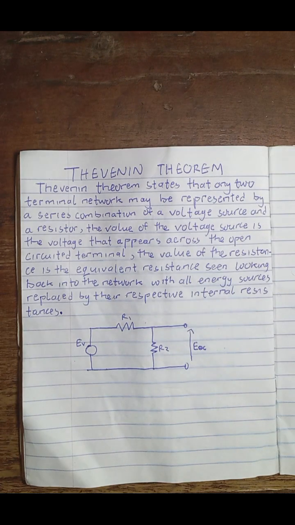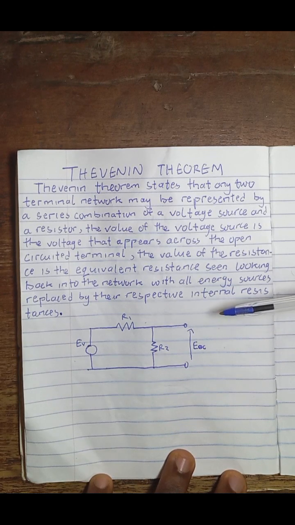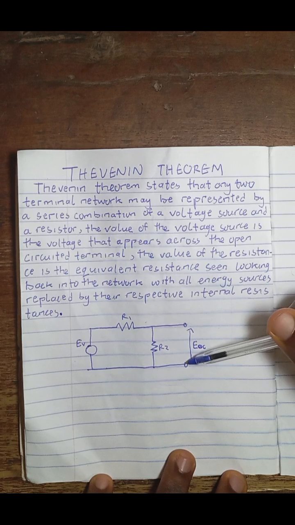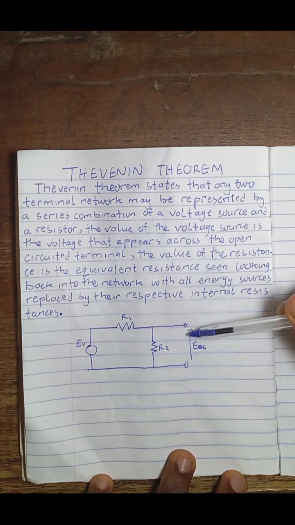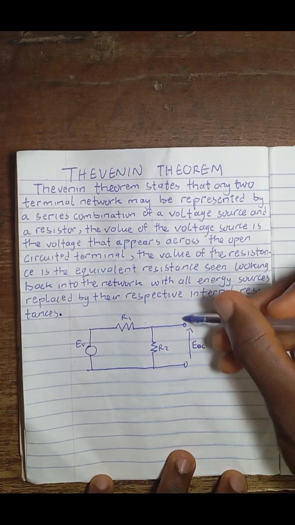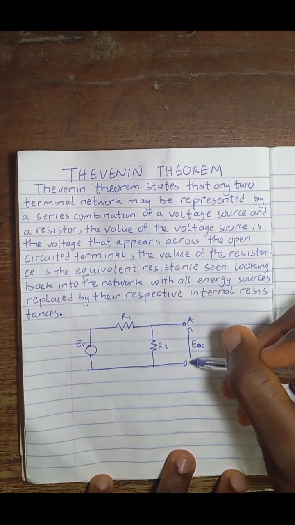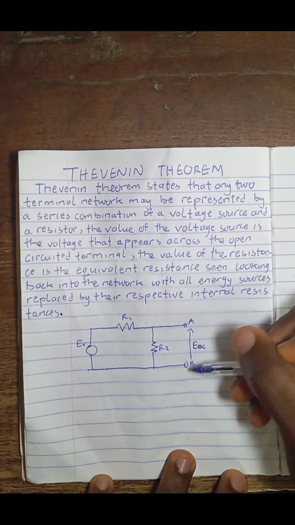So for example, if we have a simple circuit like this, one thing you should know is that Thevenin theorem is only applied in a two-terminal network. Any network that has two terminals, just like this one, you can call it A, B, a two-terminal network.